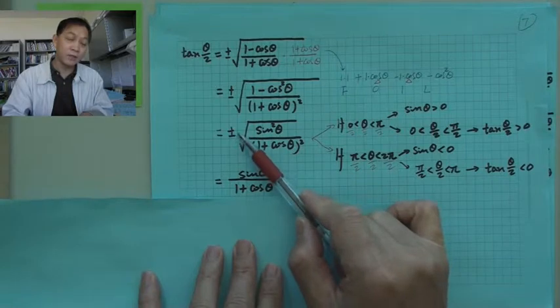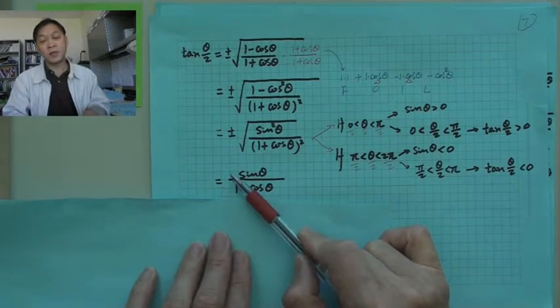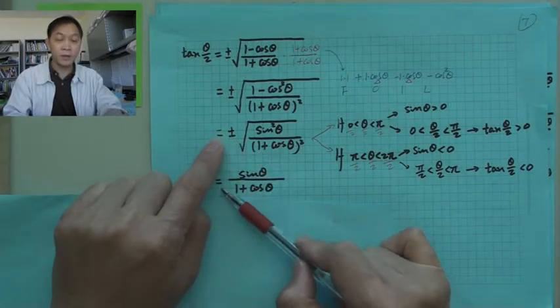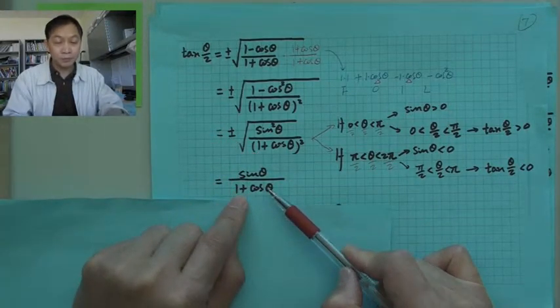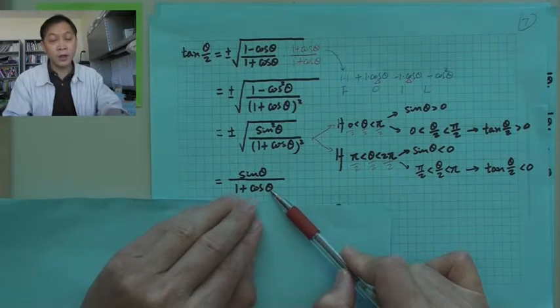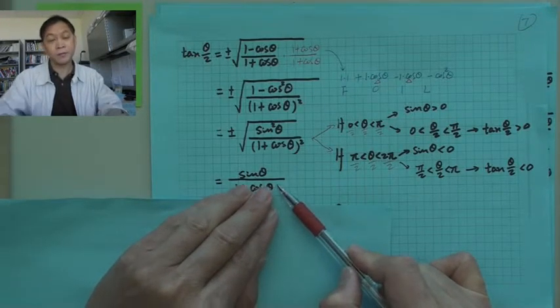It has positive, negative. But here we say we don't need this positive, negative. The reason is what? The reason is 1 plus cosine theta is always positive.